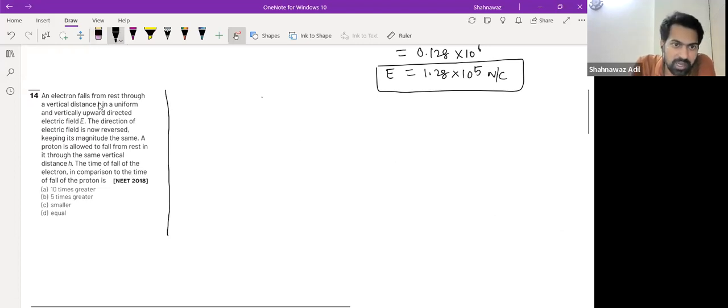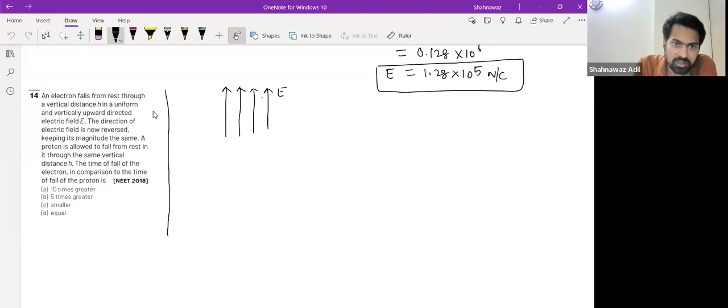Okay, so an electron falls from rest through a vertical distance h in a uniform and vertically upward directed electric field. So this is the direction of the electric field, right? An electron is falling from rest through a vertical distance h.